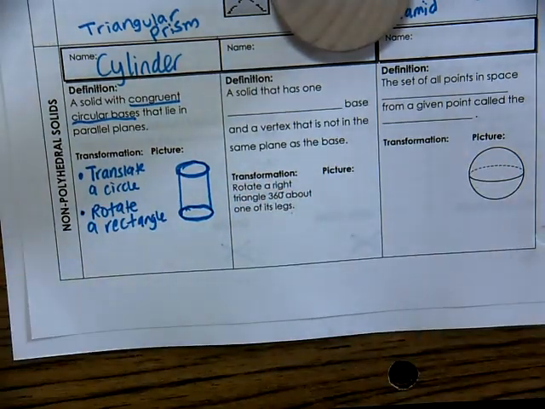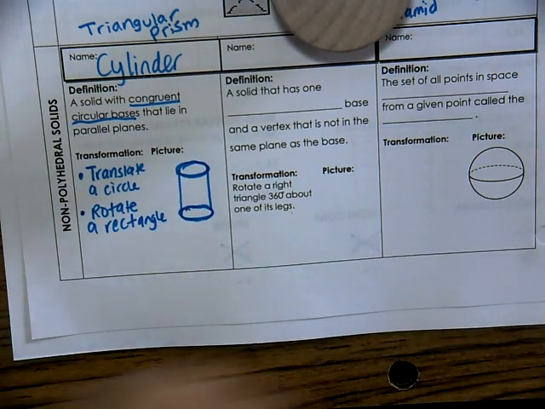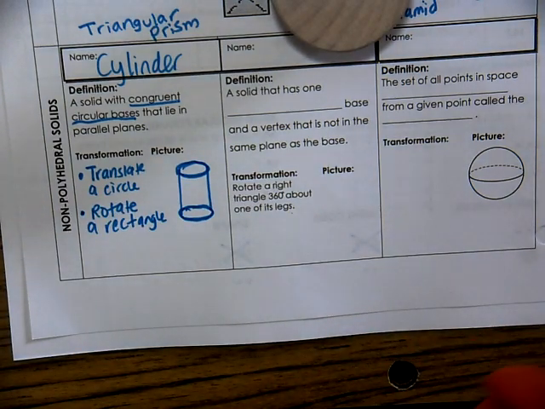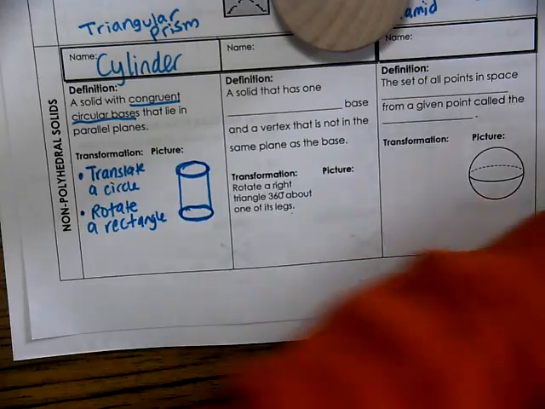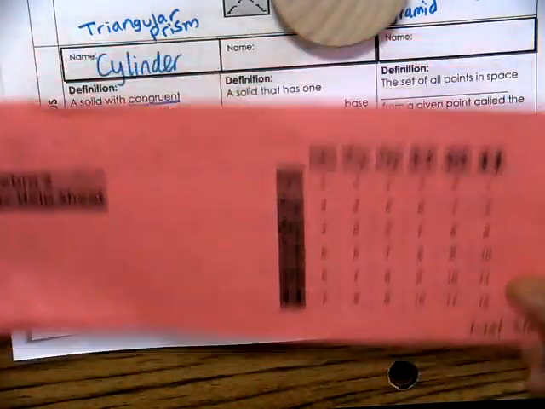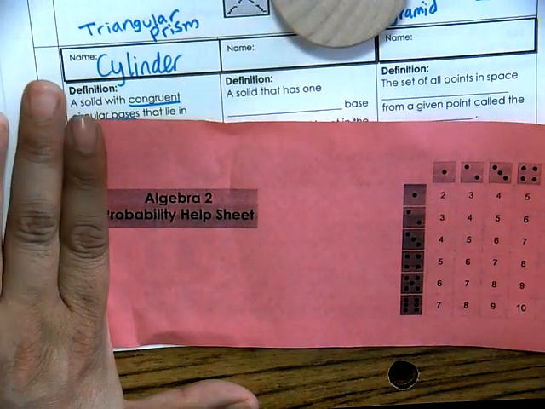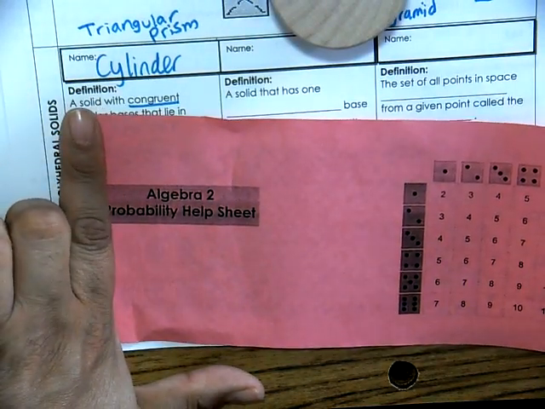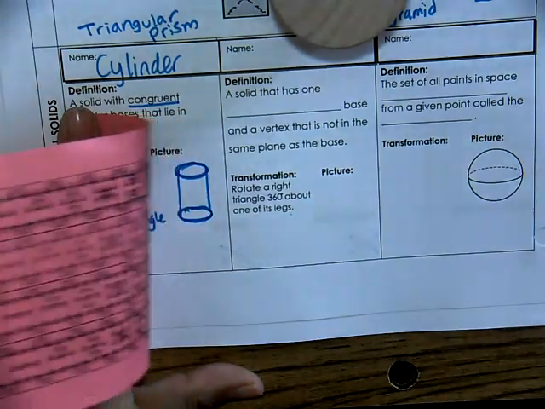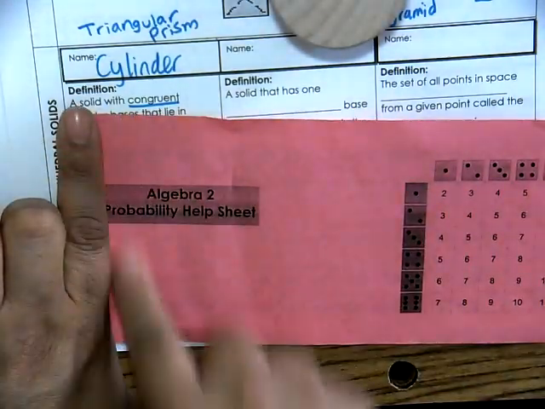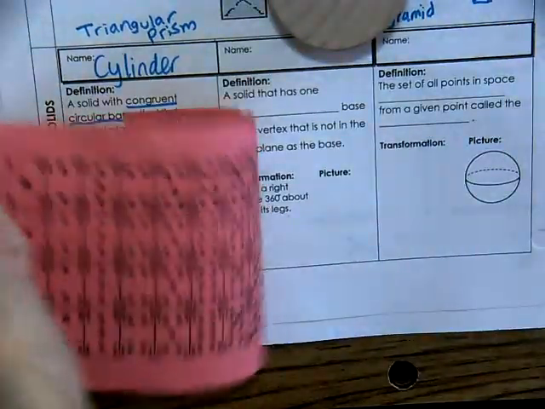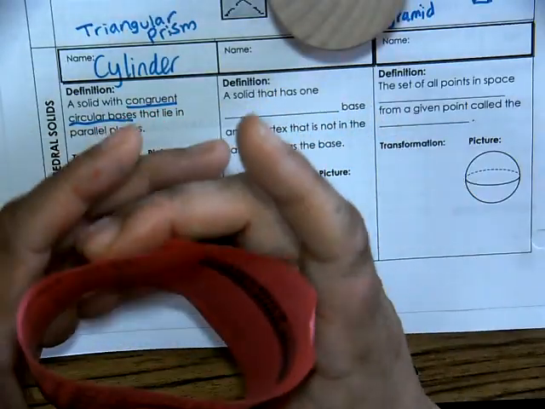The best way to look at this is take a rectangular sheet of paper. I'm going to show you an example of one. So let's say we have this rectangular piece of paper, and I'm keeping one part fixed. Imagine where my finger is here, I'm going to keep that fixed. But I want to rotate this around that fixed spot. And as I rotate it, it's going to form a cylinder, right?